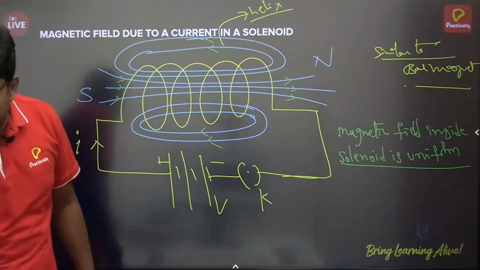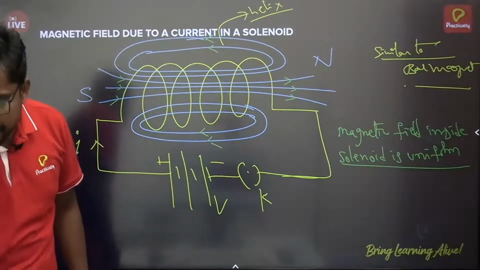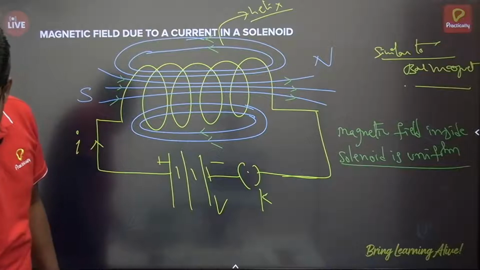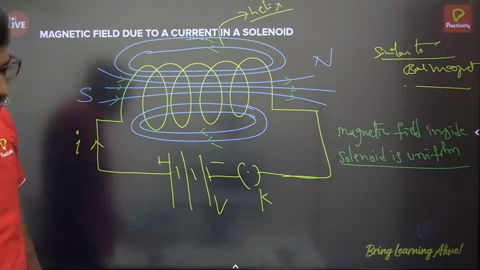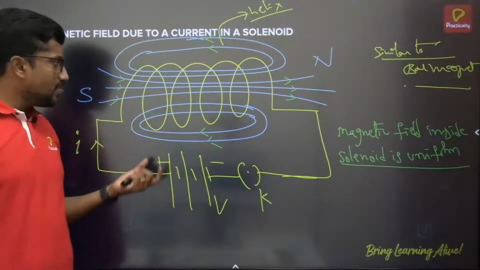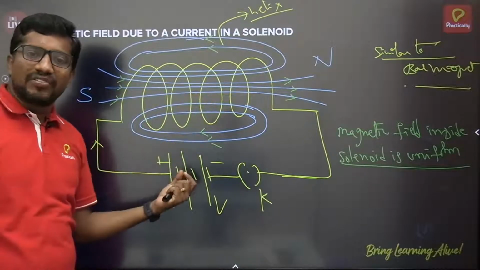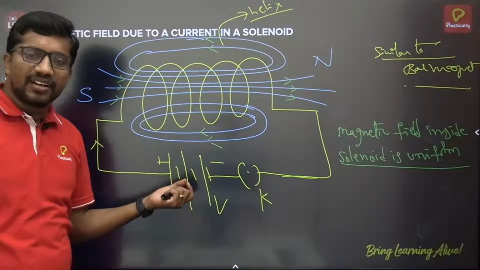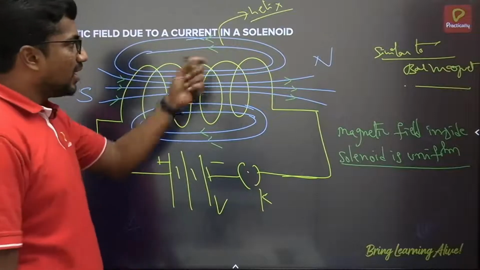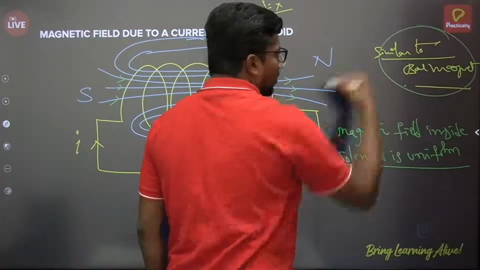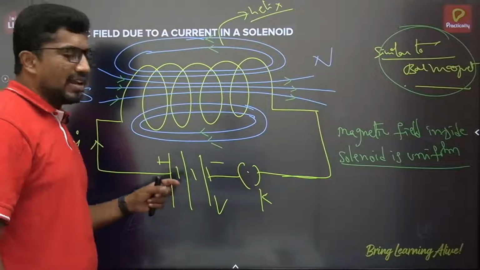Magnetic field inside the solenoid is uniform. If you observe this pattern or the alignment of the field lines here, you can compare the same with the bar magnet also. You won't find any difference.